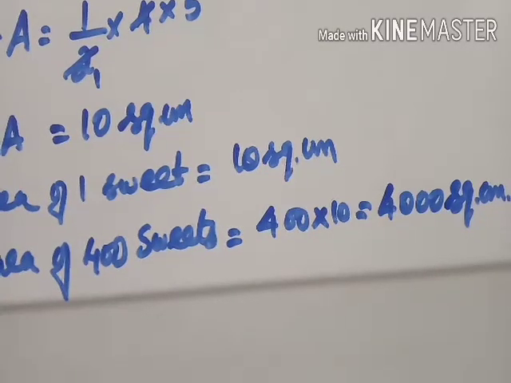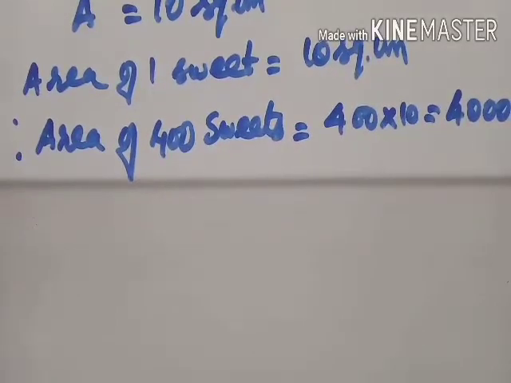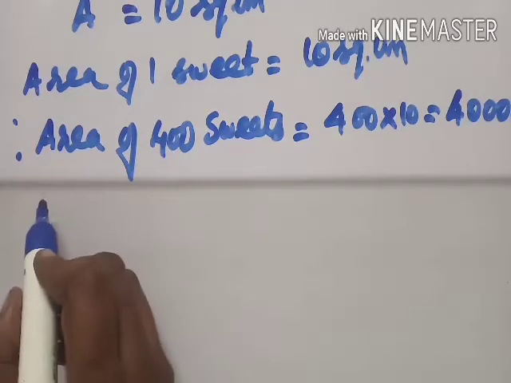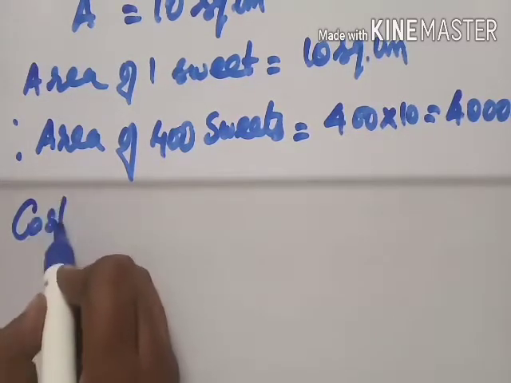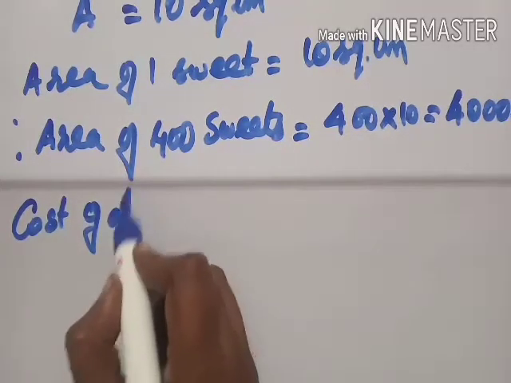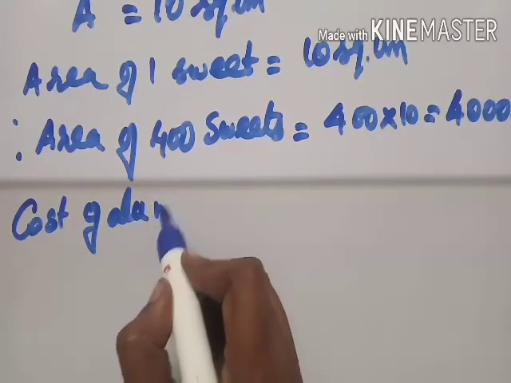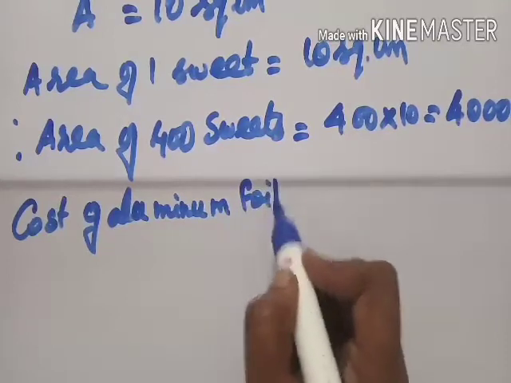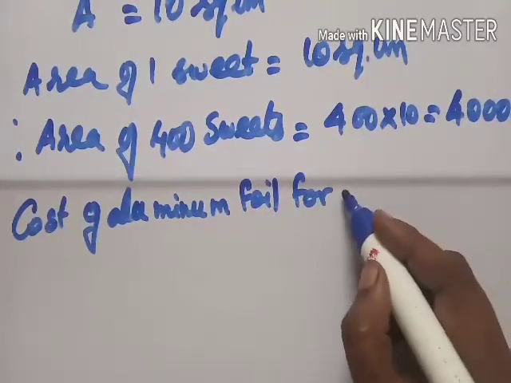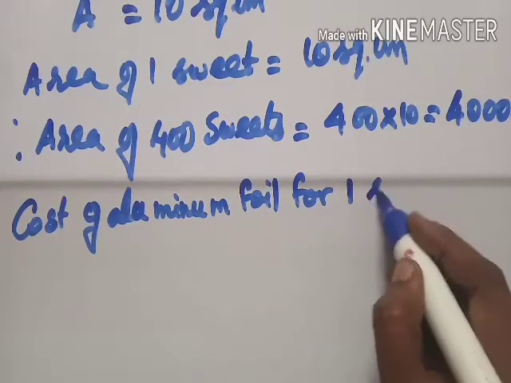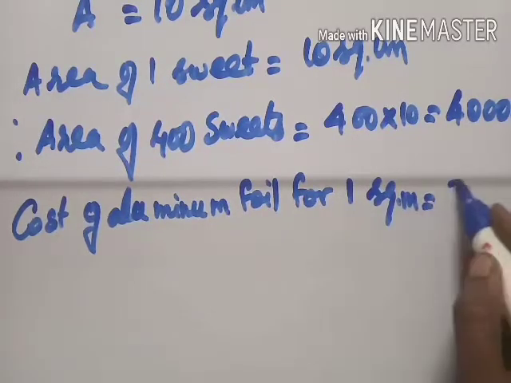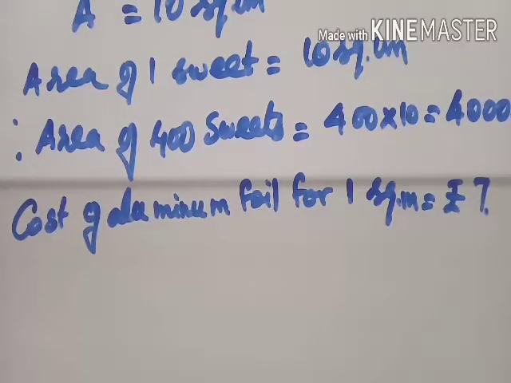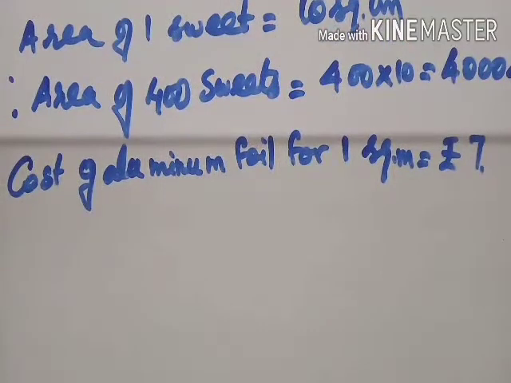Now, here we have to find the cost of aluminium foil, right? What is given in the question? Cost of aluminium foil for 1 square meter is equal to rupees 7, right?